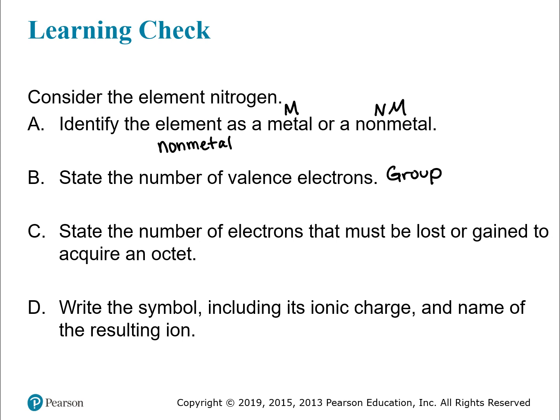Figure out what group nitrogen is in. Nitrogen is in group 5A. Remember, we care about the group number with the A after it. That tells us how many valence electrons there are. So if we had something that was in group 1A, it would be 1. Group 5A, there's 5 valence electrons.